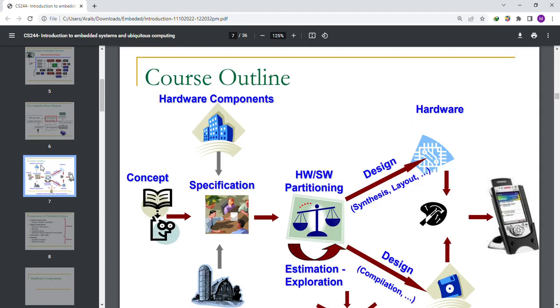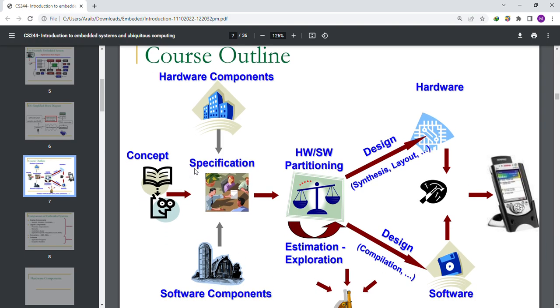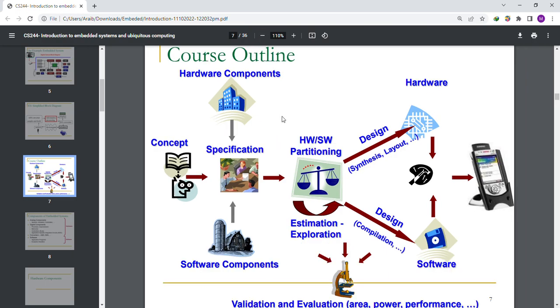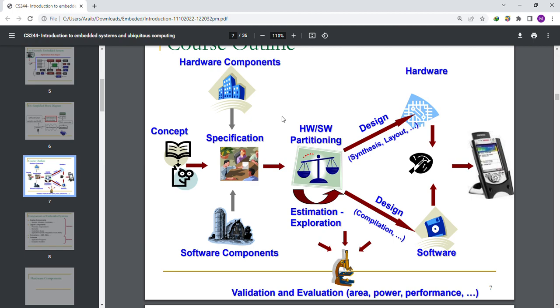It's slide number 7. Course outline. This is the course outline of this course, embedded system. The hardware components, concepts, specifications, software components. These all are a mixture, and this mixture is the basis of embedded system. Then next move to the slide.